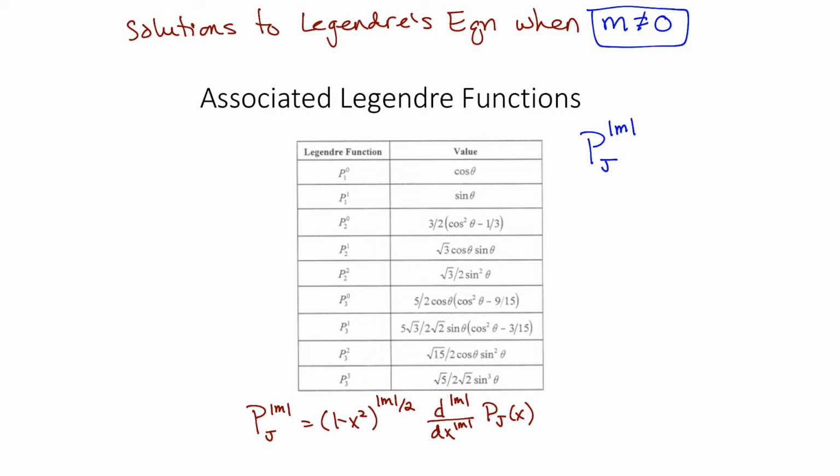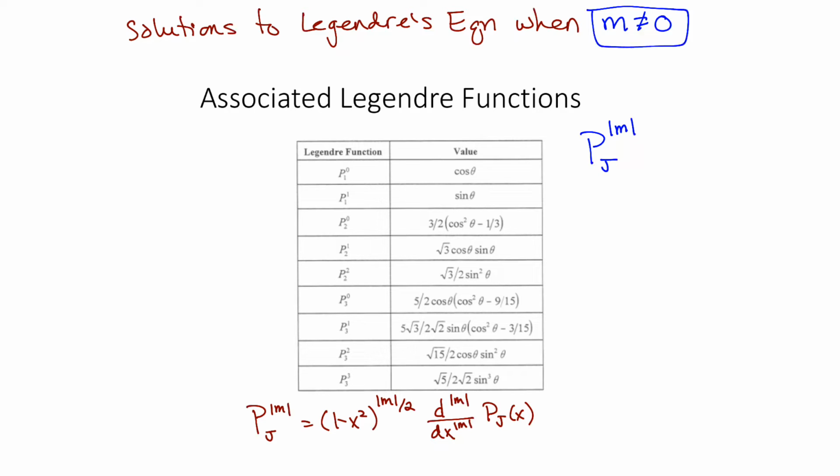Once again, you can just generally look these up in a table. But if you wanted to put them together from scratch, you would use this generating formula, and we can see that they're defined in terms of the Legendre polynomials we just looked at previously.